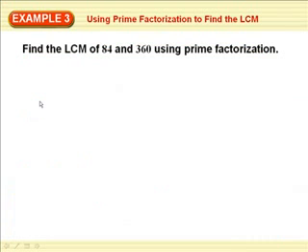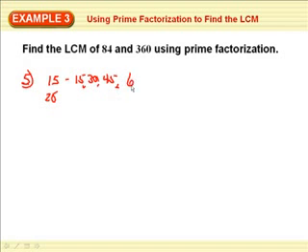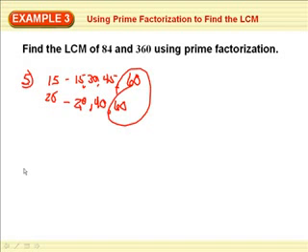Alright, we are on number 5. We got 15 and 20. 15, 30, 45, 60, 20, 40, 60. Number 6, 7 and 11.